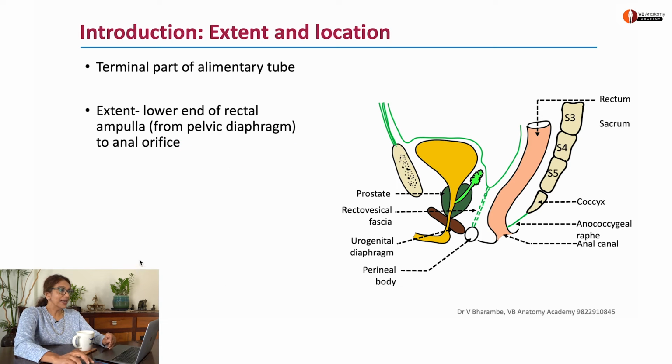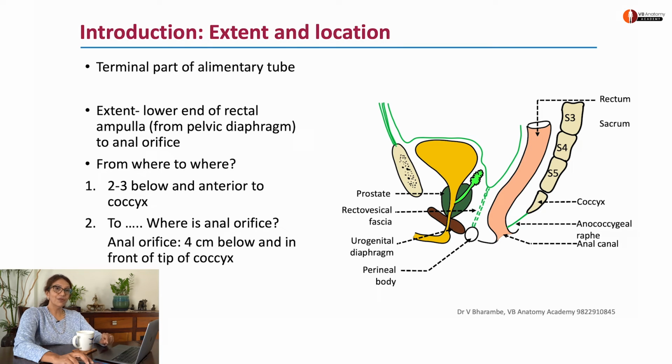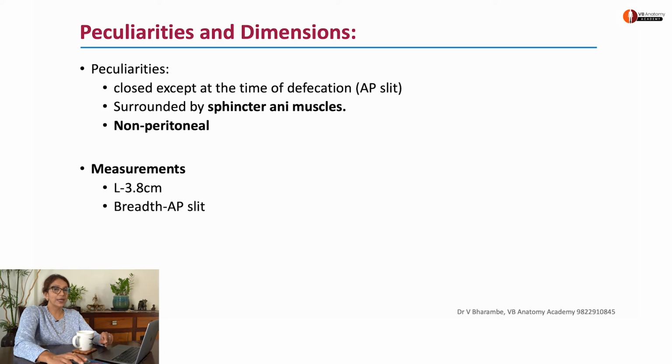So anal canal is the lowermost part of the alimentary tube, extending from the lower end of rectum to the anal orifice. It extends from 2 to 3 centimeter below the tip of coccyx to the anal orifice, which is 4 centimeter below and in front of the coccyx. You can see that anal canal is quite a short structure. It has some peculiarities. It is closed all the time except for purpose of defecation.